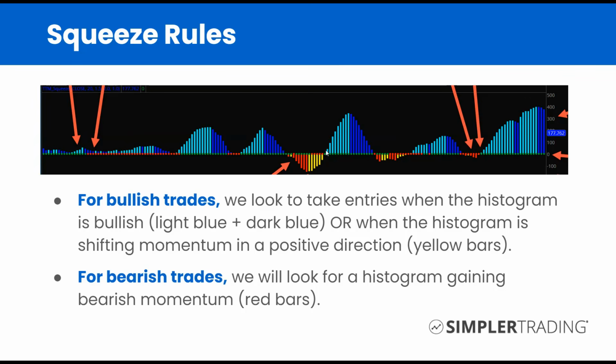So for a put credit spread or maybe some calls, we're looking for a squeeze, and ideally the histogram is either light blue or at a minimum dark blue. For our bearish trades, we're looking for the histogram to work in our favor for a move lower. So we would get short during the red dot squeeze, ideally with the histogram being either red or yellow.